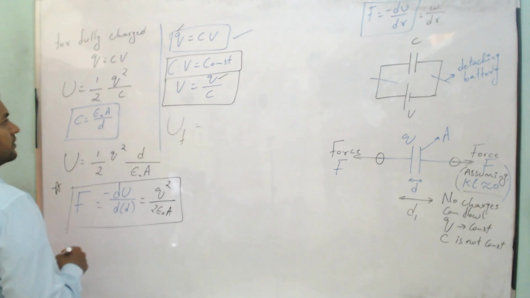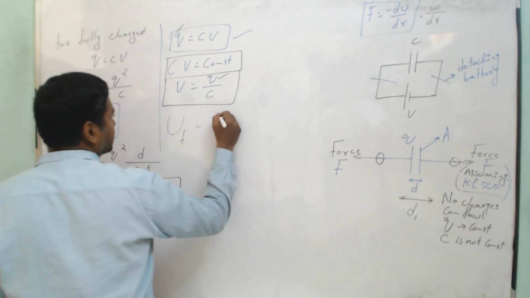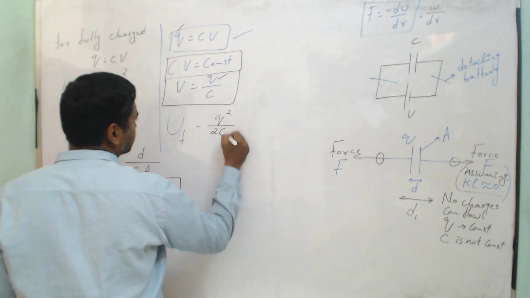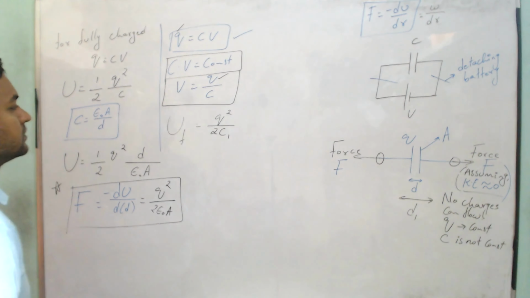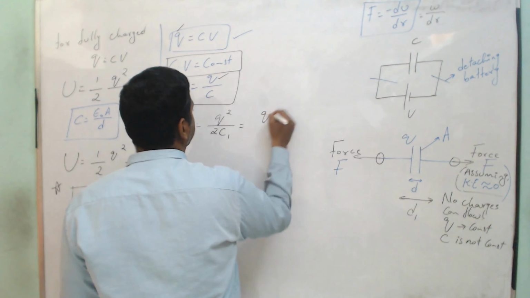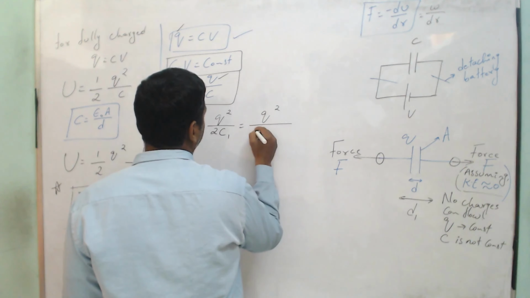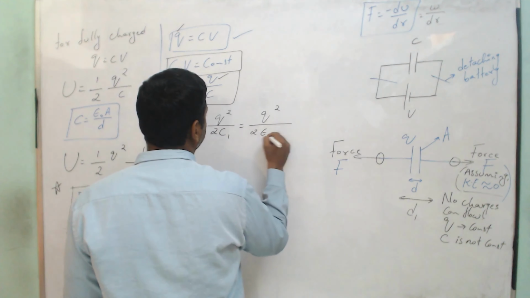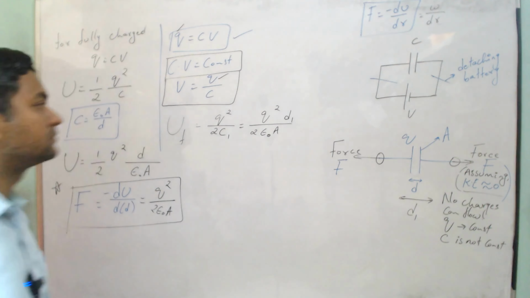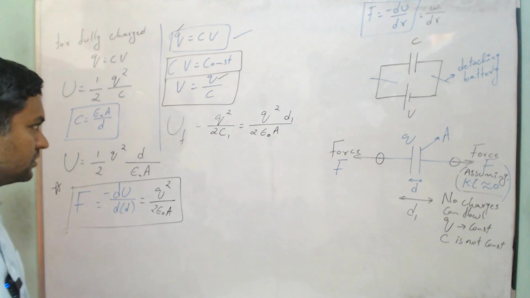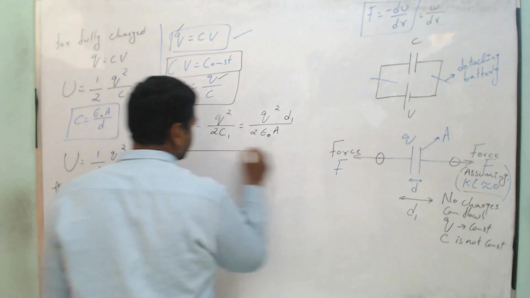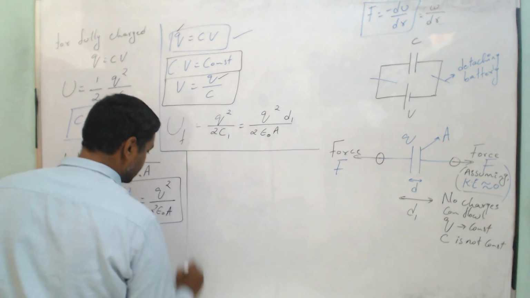My final potential energy: charge will be the same, capacitance will be something C1. Therefore, Q square d1 by 2 epsilon naught A. I have my final and initial potential energy.